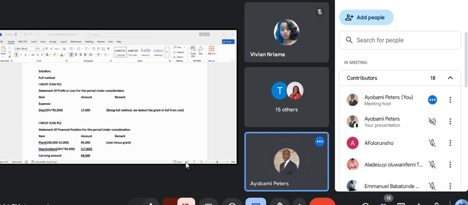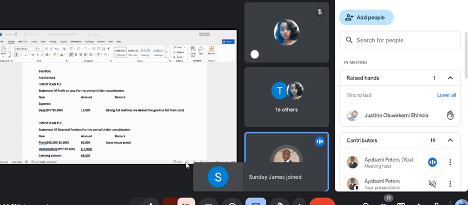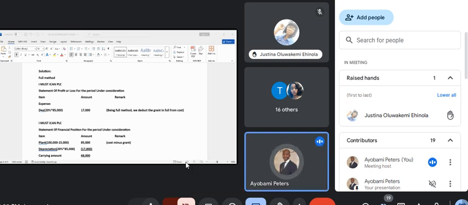I'm sure if you saw this kind of question in your exam before now, you would think it's something strange. This question that you are seeing now, I only changed the name. It's an ICAN question of 10 marks. I've forgotten the year. I will look for the year and forward it to you people. ICAN question, 10 marks. Okay, Justina, you are raising your hand. Go ahead.